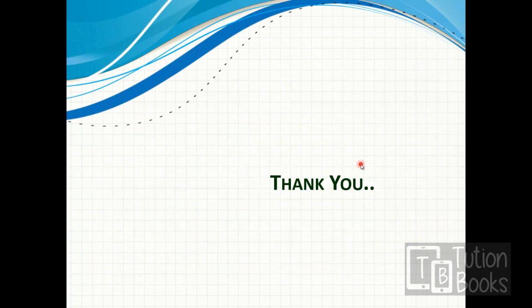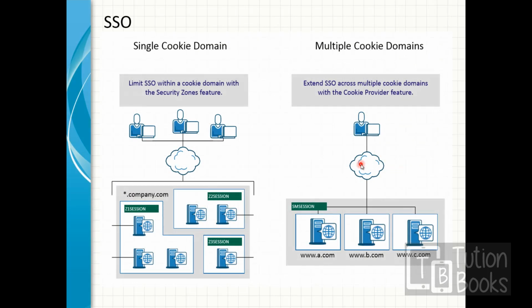So for today's session, we have seen what the SiteMinder architecture is, how it works, how the LDAP user store and policy store are integrated with SiteMinder, how large scale deployment happens, and user application protection.